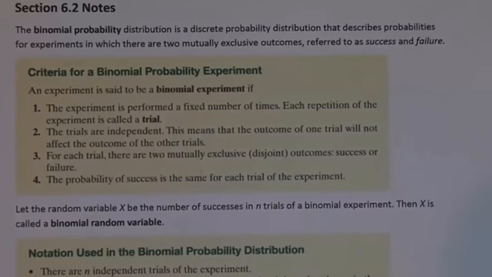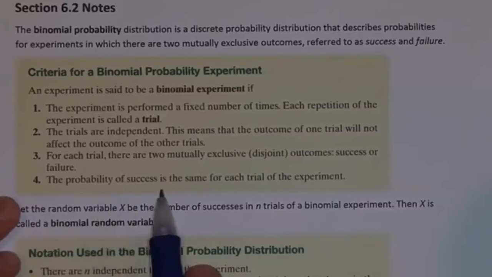So success is not necessarily going to be a positive thing. If we're talking about, say, getting in a car accident, success would be getting in a car accident, not a positive thing. So whatever it is we're talking about, if it occurs, it's success. If it doesn't occur, it's failure. So if we're talking about something negative, success is a negative.